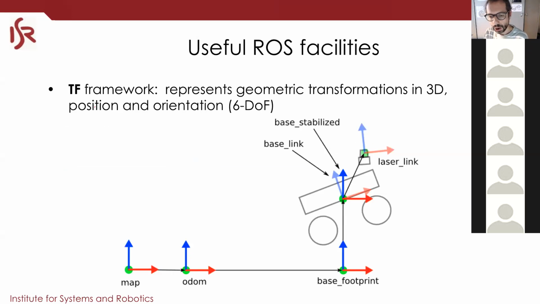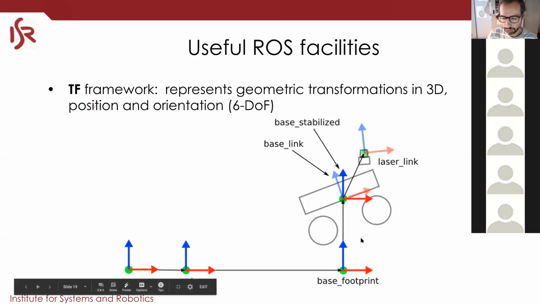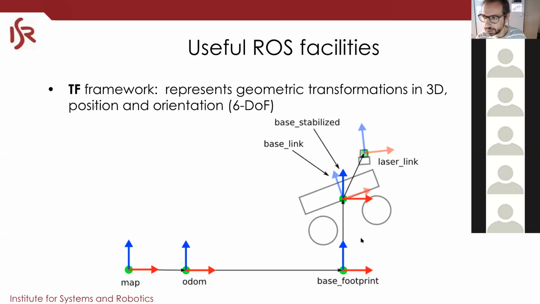Okay, now this by itself is not much useful. The usefulness of this TF system is that you can define these edges on the tree. Okay, so you can publish. The term is called broadcast, right, João?